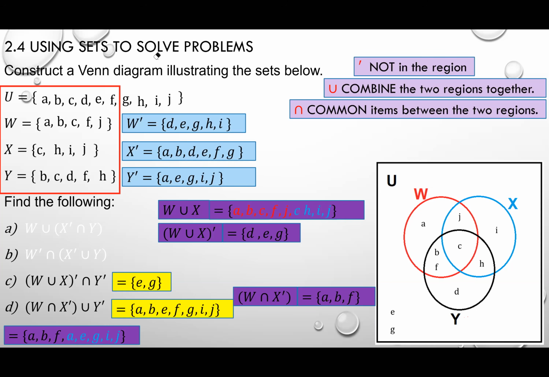So those are your questions. Anything in color is not there. So this is the set and this is the element they ask you to find.